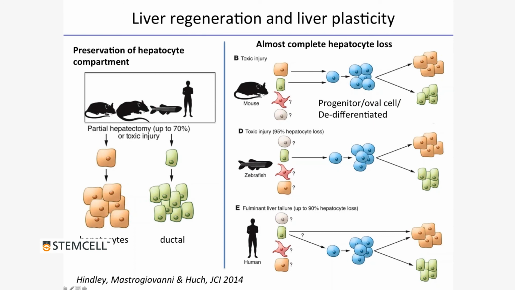The same happens in fulminant liver failure, where you have a 90% hepatocyte loss. However, 30% of these patients will recover, and if you take a biopsy during the failure of the liver, you see a huge proliferation of small cells that have been called oval cells, progenitor cells, or dedifferentiated cells.